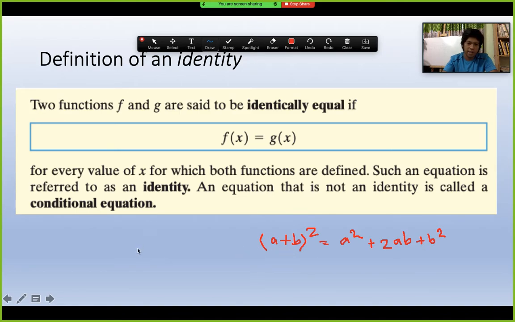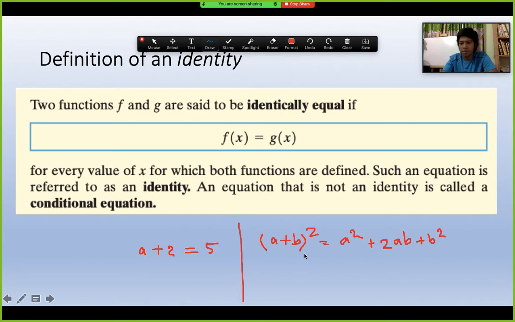This one, and then let's say there is another one, a plus 2 equals to 5. Suppose we have these two things.